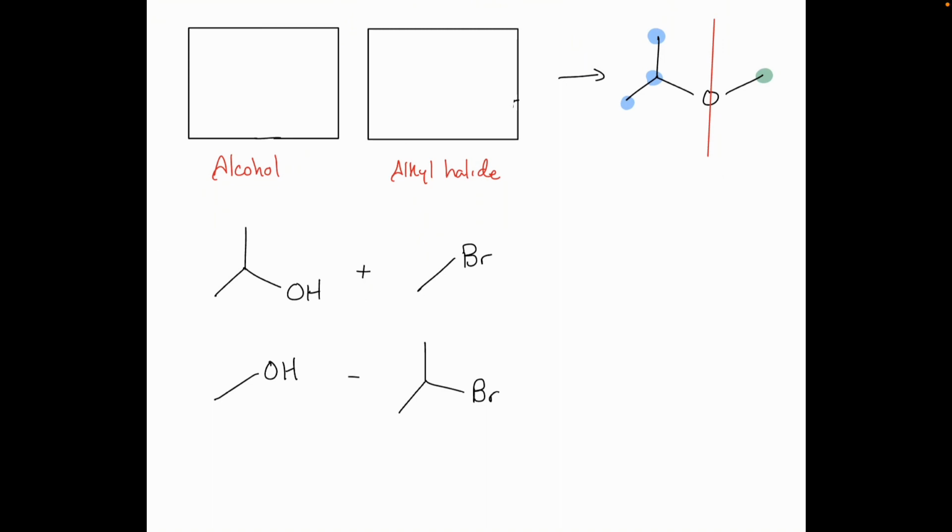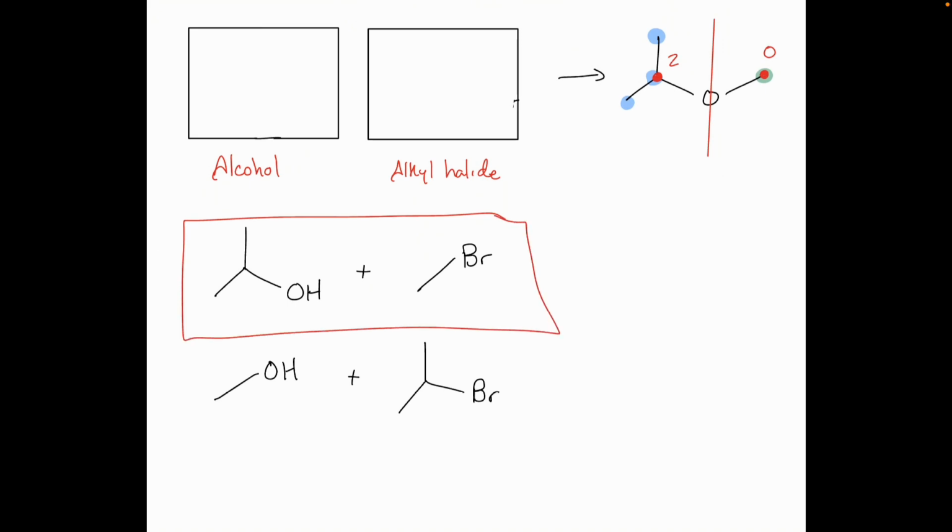Which one is it going to be? Remember, we're going to look at these carbons. This right here has two carbon neighbors. This one actually doesn't have any, it's a methyl group. The higher the degree of substitution, that one's going to be our alcohol.